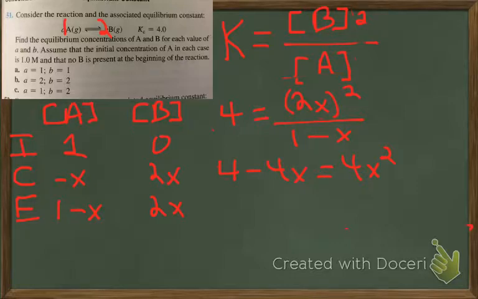So let me put my 4 minus 4x back over there. I'll take my 4x squared, add 4x to both sides, and then subtract 4, and that equals 0.